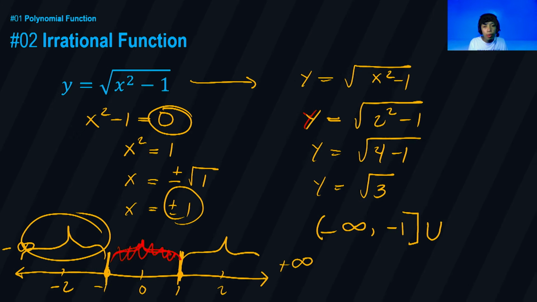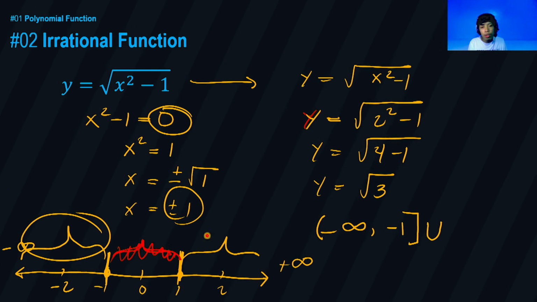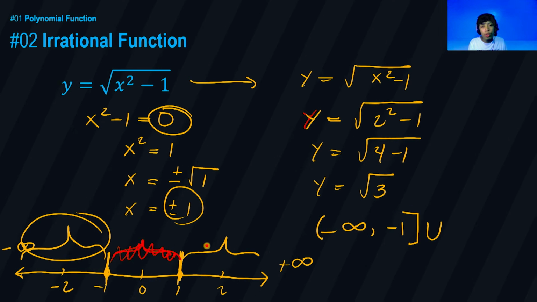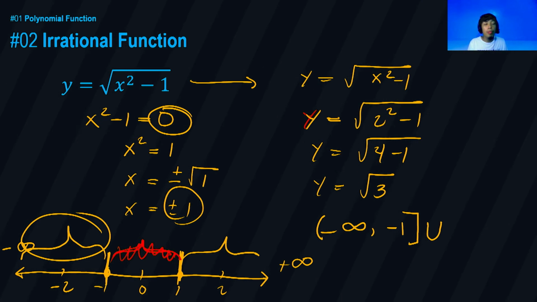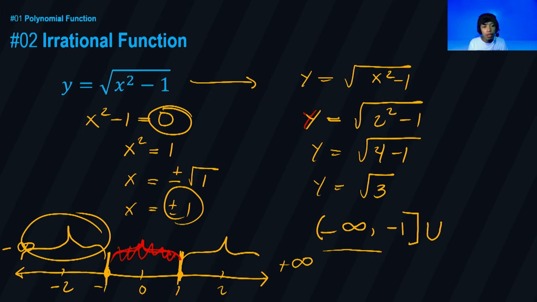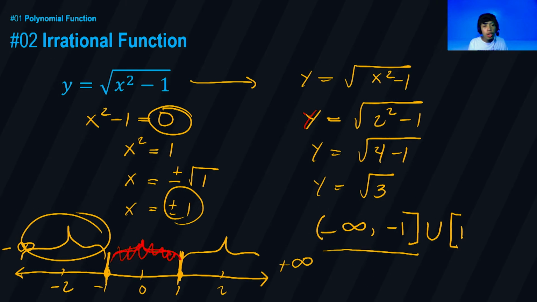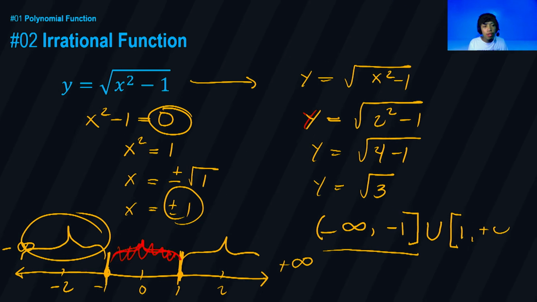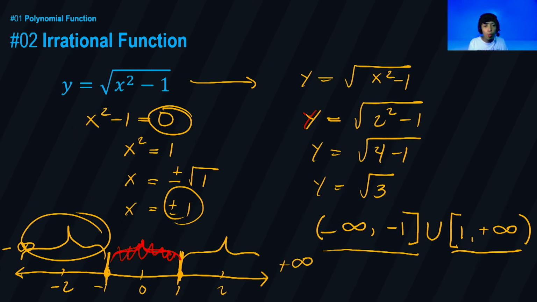Union with, there are two regions. This region and this region right here. So there are two regions. That's why it's a union of the two intervals. So this interval, union with 1 to the positive infinity. This is your domain.